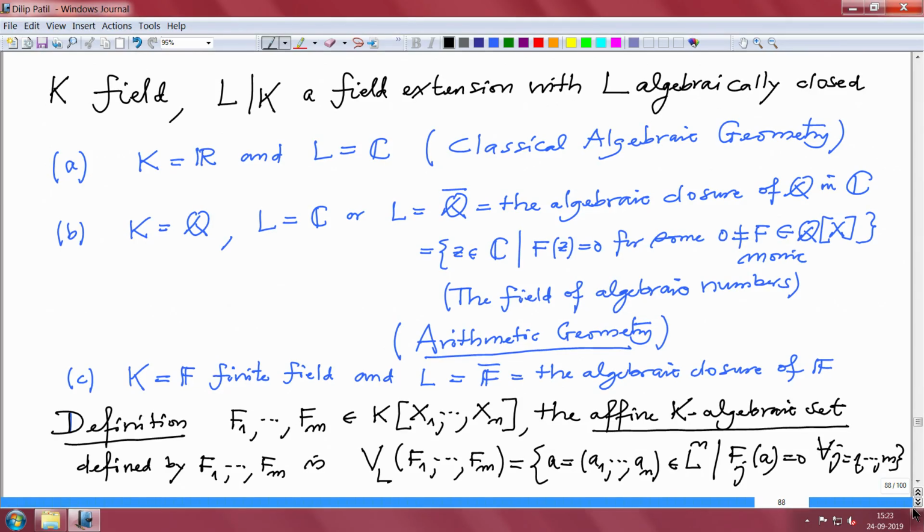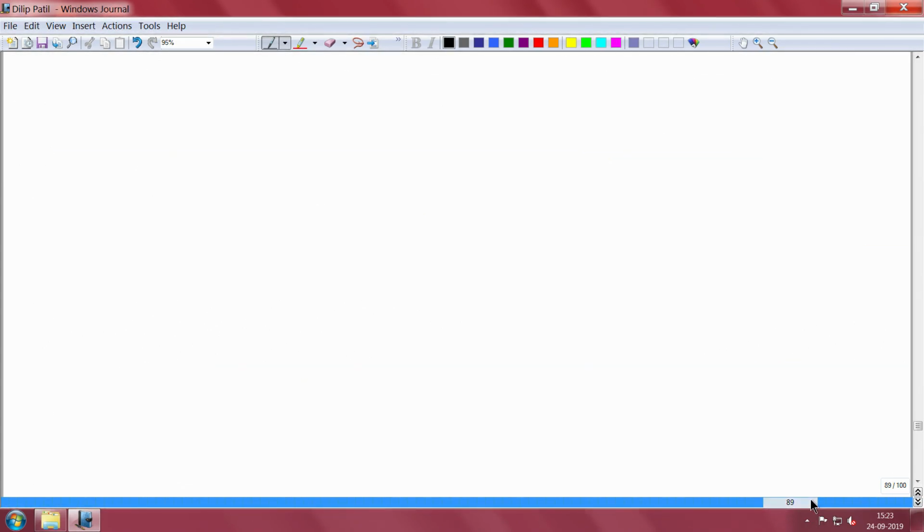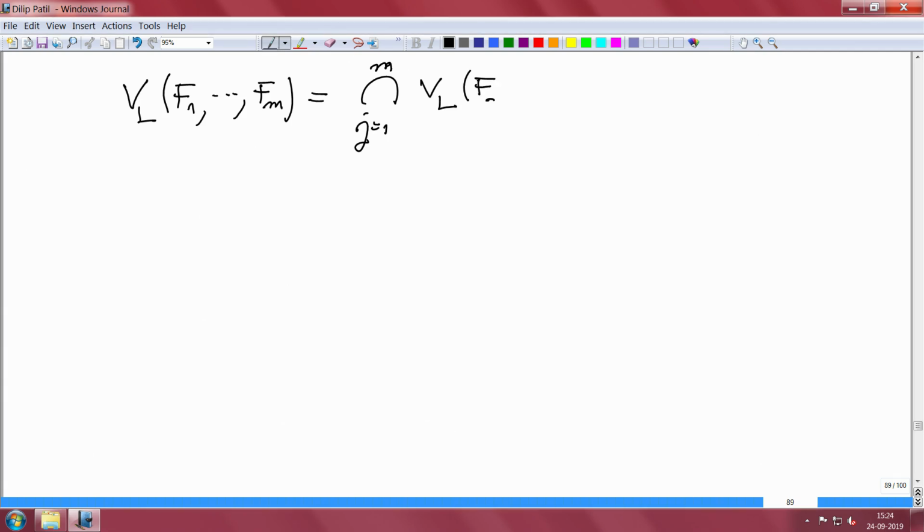And we have noticed last time that this V_L of f1 to fm is the intersection of all these V_L of fj. They are common zeros of these polynomials. So, sometimes it is enough to study these particular ones and look at their intersection.